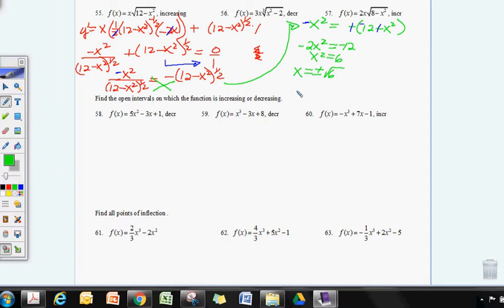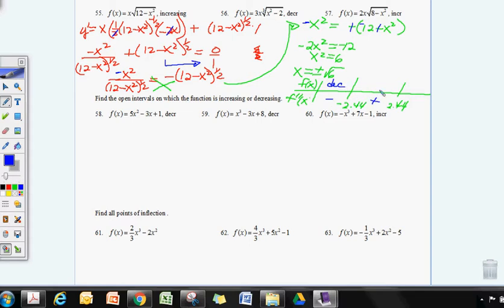So on my chart, and I told you room is hard, f of x and f prime of x. These don't want to work out very nicely. In terms of decimals, it's negative 2.44 and it's positive 2.44. So when I figure that out, this region here is going to be decreasing, or it's negative.